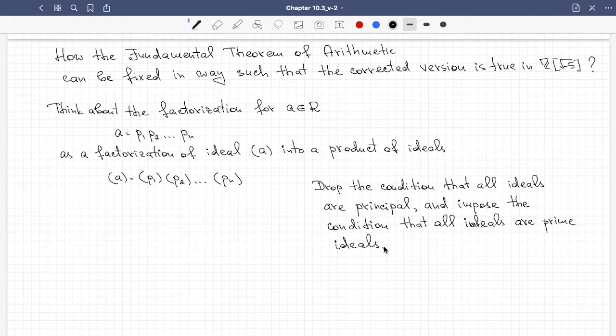The very word ideal comes from ideal number. So that was the original way, more than 100 years ago, to think about ideals which are possibly not principal.